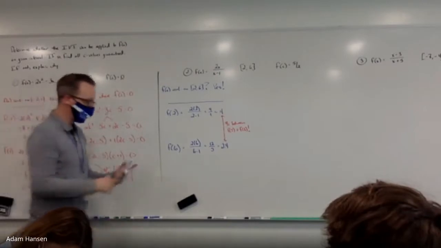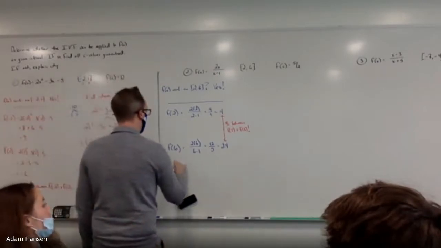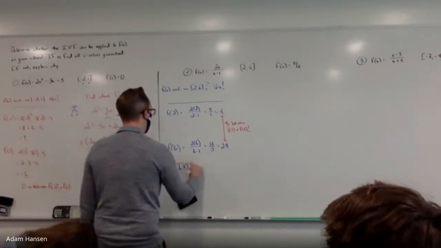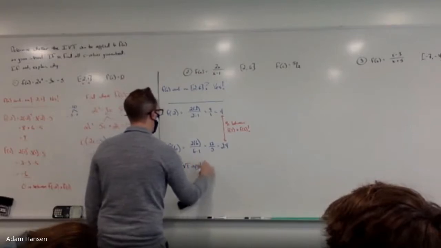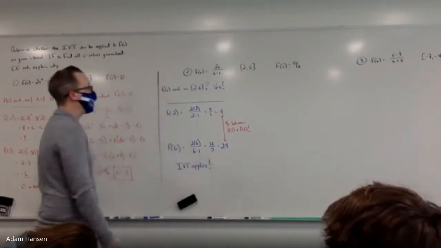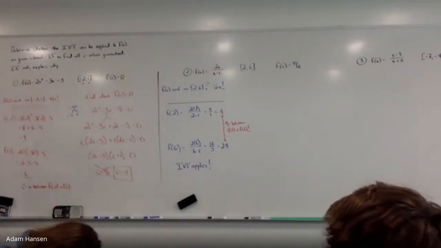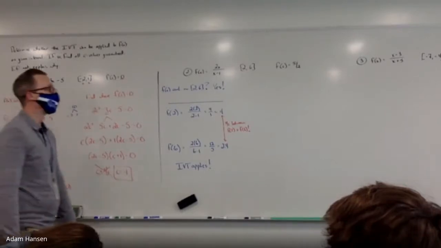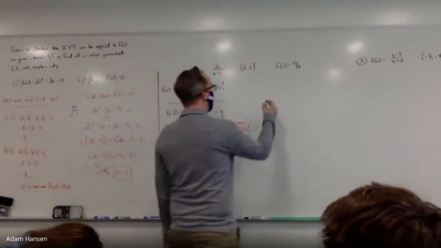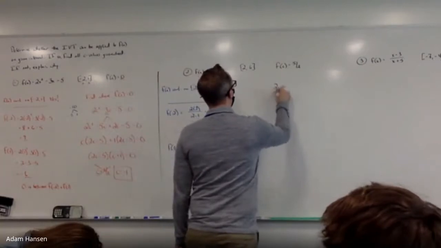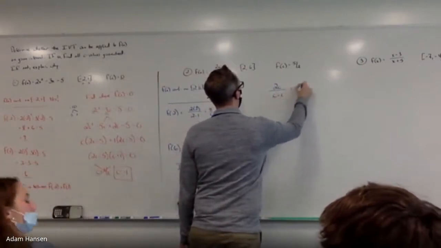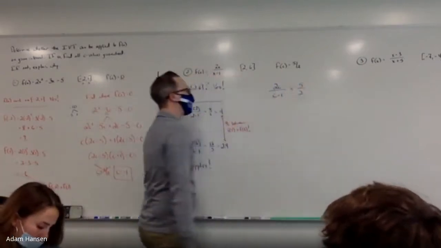Okay, so IVT applies for f of x on the interval from 2 to 6. There's at least one constant c where the value of my function at that constant is equal to 5/2. So let's find where f of c, 2c divided by c minus 1, is equal to 5/2, or 2.5.